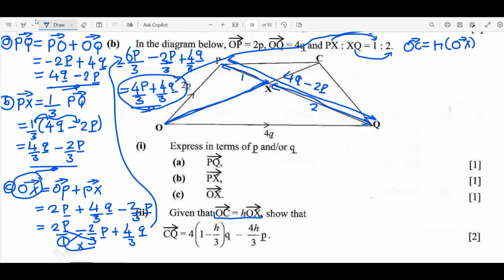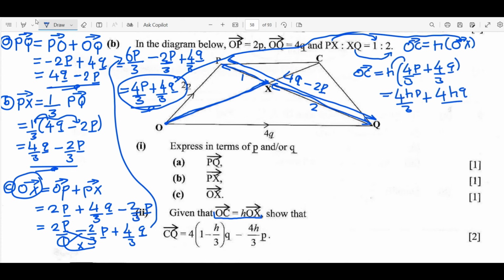So we'll say OC is equal to H, you open brackets, 4 divided by 3 P plus 4 divided by 3 Q. So H times this one will give us 4 HP over 3 plus H times 4Q over 3, we'll say 4 HQ over 3. So this first part is done.